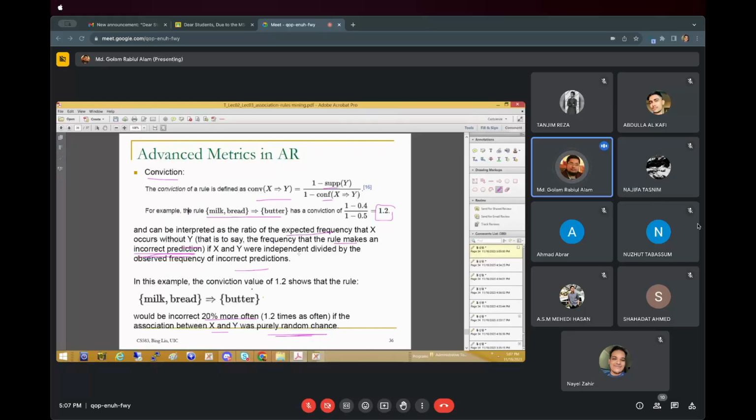If items are selected randomly without following any association, there will be 20% more error if we have a conviction of 1.2. So this is another measurement of our association rules.